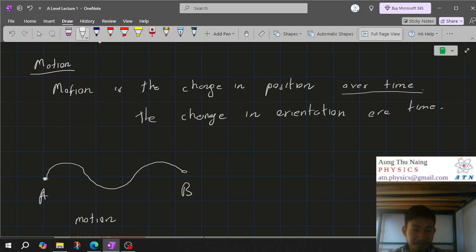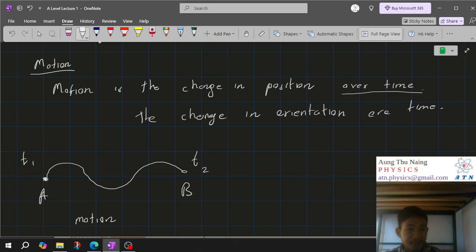In motion, if the position changes, the time also changes. In this case, the particle starts at time t1 and moves to B, and it stops at time t2.